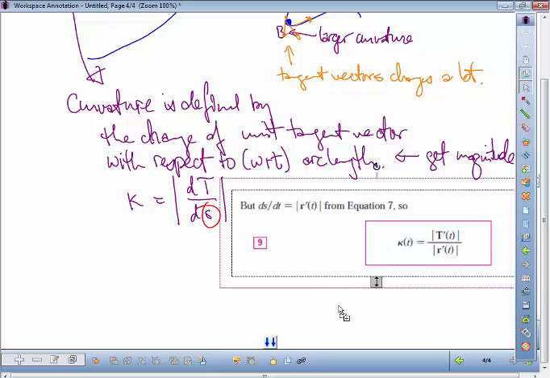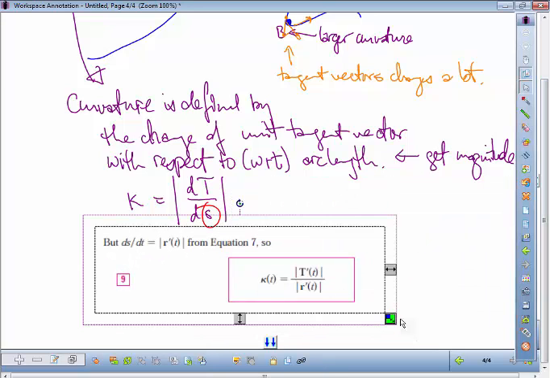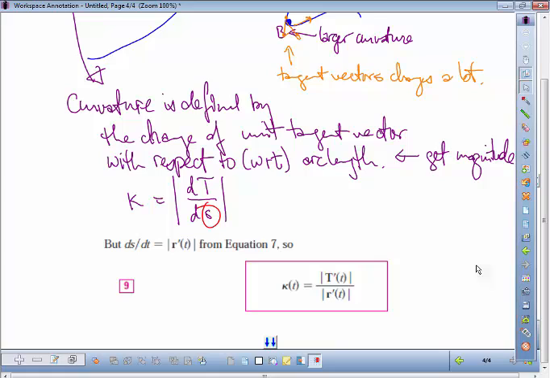I suppose we could have used some calculus to figure this out, but it turns out that the derivative of s with respect to t is, if we use the fundamental theorem of calculus, I guess we could have derived it.